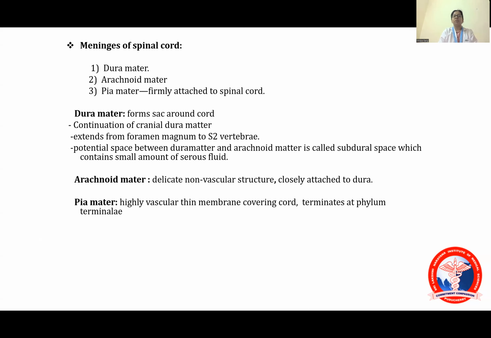So dural puncture is separately felt during spinal anesthesia, but arachnoid puncture is not separately felt because both the layers are very closely packed. Next is pia mater, a highly vascular thin membrane, which covers the cord, and it is very closely attached to the brain and cord tissue.